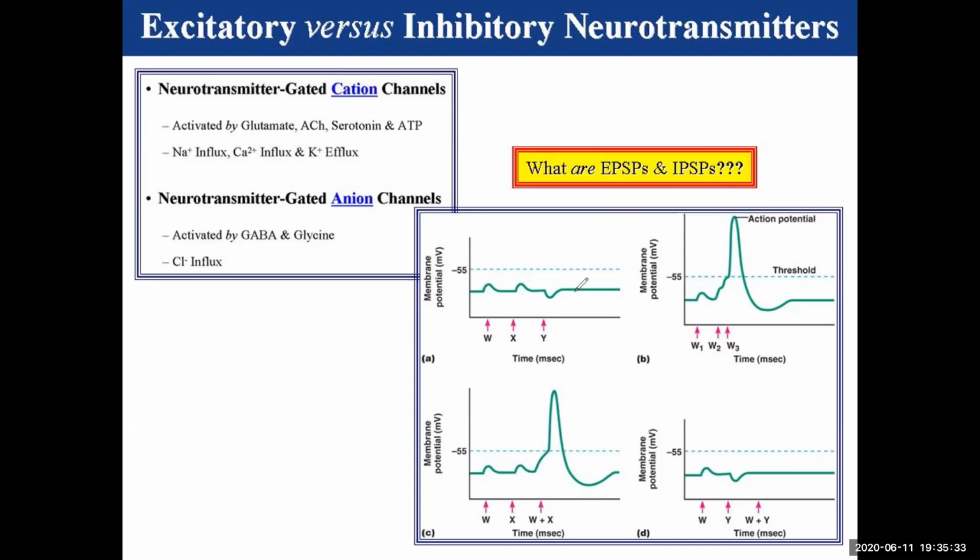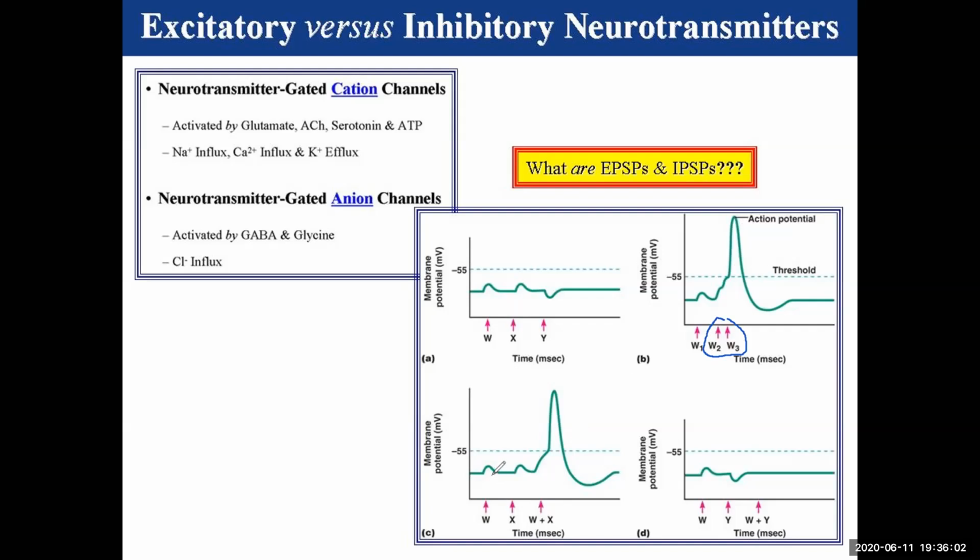They get generated, they die out. Same thing here, this gets generated and it dies out. But if these two here were created close enough in time, they can add up, they help each other, and when they get to the axon hillock, they are above threshold, and the axon hillock fires an action potential.